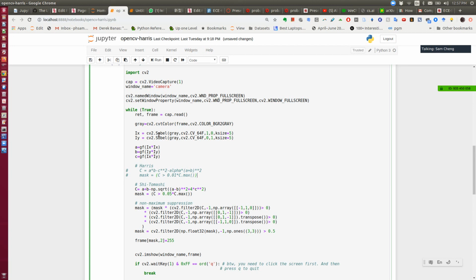Then here I directly use a Sobel filter for the gradient, but of course you can use something else.